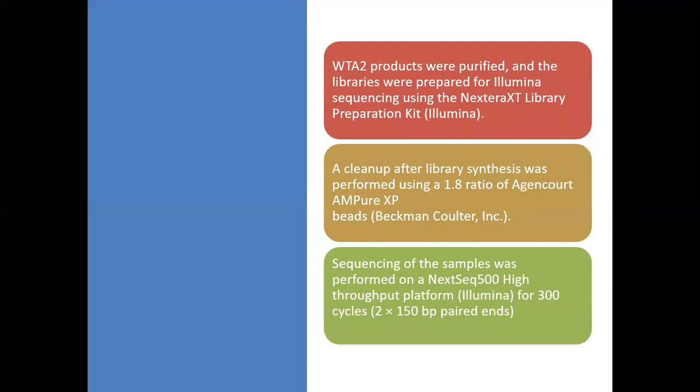The products were purified and the library was prepared for Illumina sequencing using the Nextera library preparation, then a cleanup after library synthesis was performed, and sequencing of samples was performed on a NextSeq 500 high-throughput platform for 300 cycles. That means 2 times 150 base pair reads.